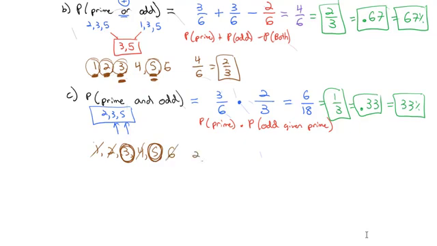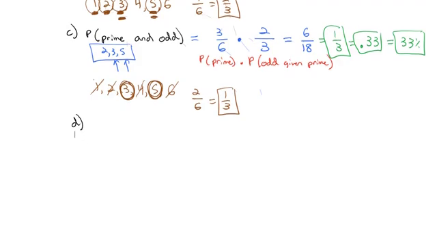So really, there's 2 out of 6, which reduces to 1/3, that are both prime and odd at the same time. So again, you can use the formula, or you can use the definition.